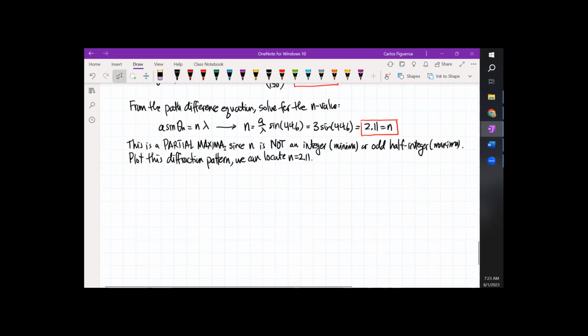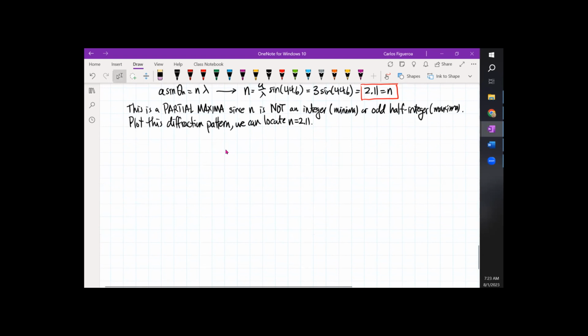Again, we already know that n maxima is equal to 3, so we can go right from that. So here we go. What I'm going to do here is look at my diffraction pattern, and of course I'm only plotting half of it. So I'm going to have 1, 2, and then 3. Those are my 3 minimas right there.